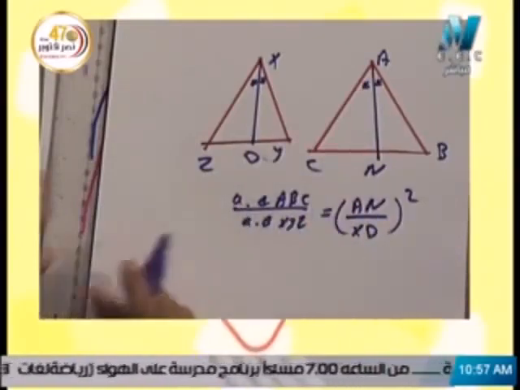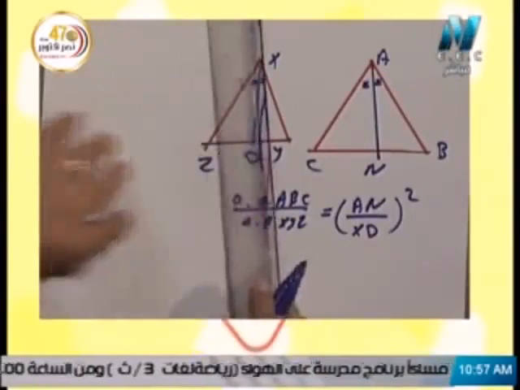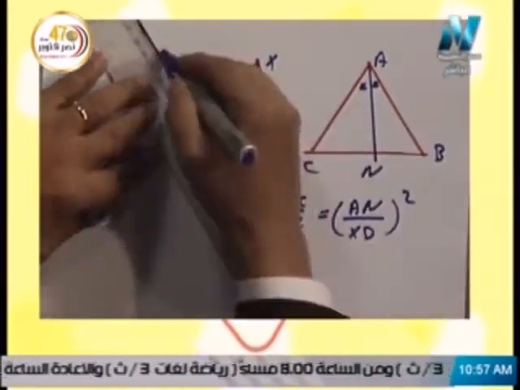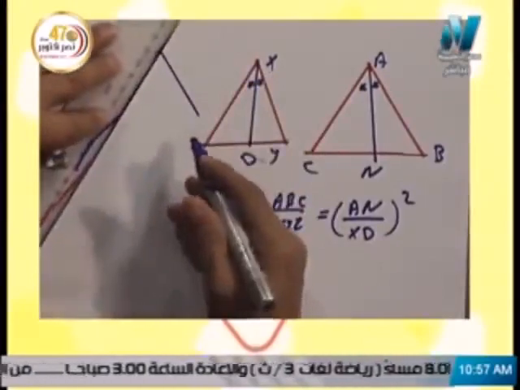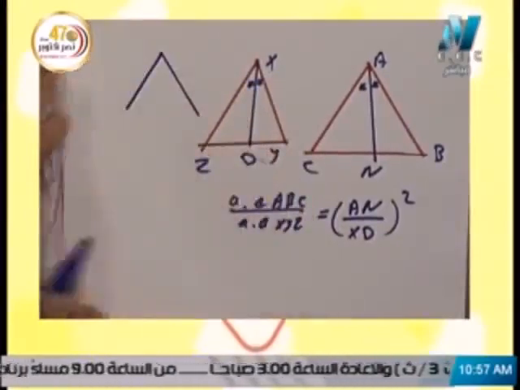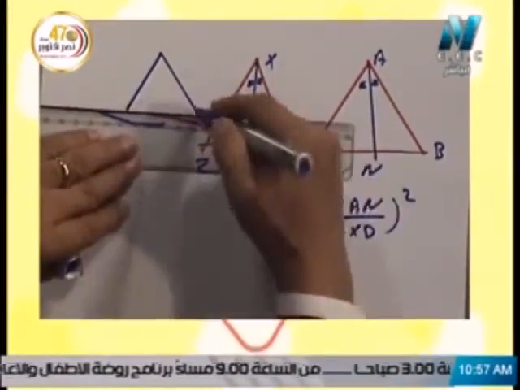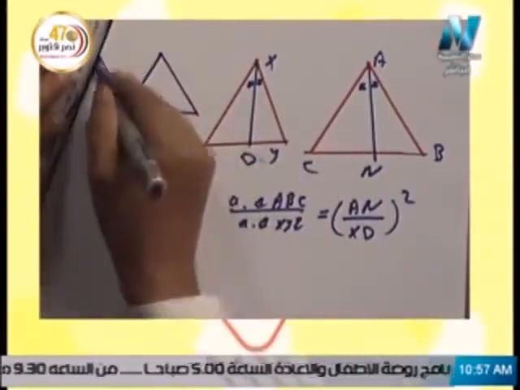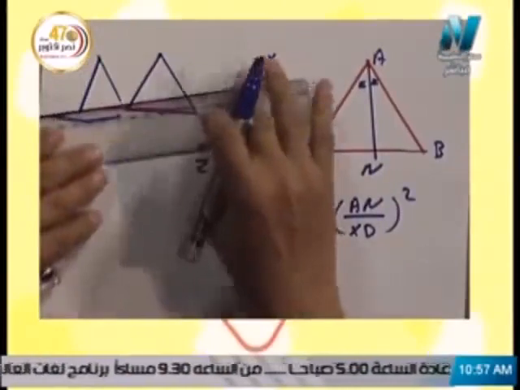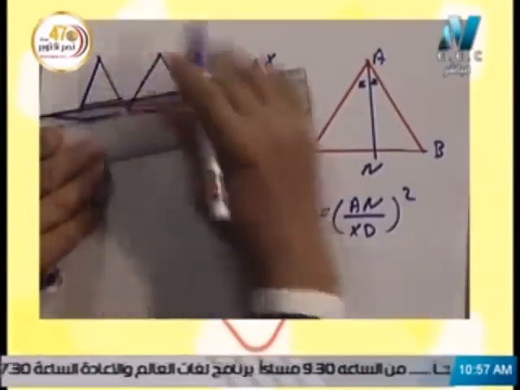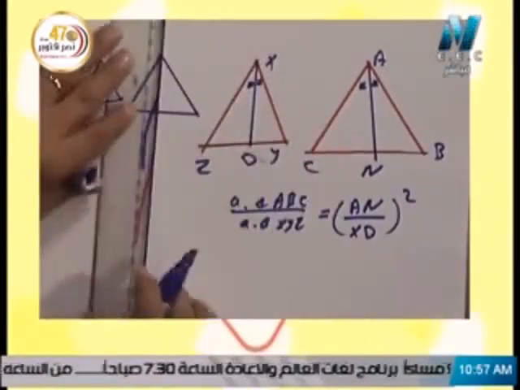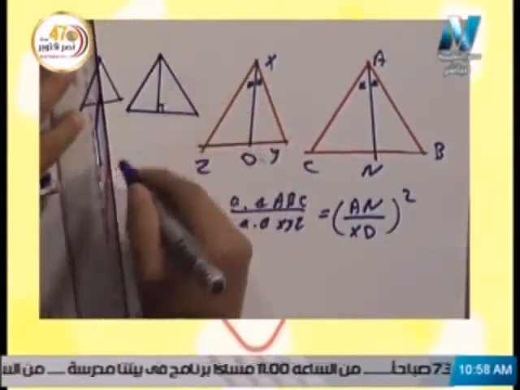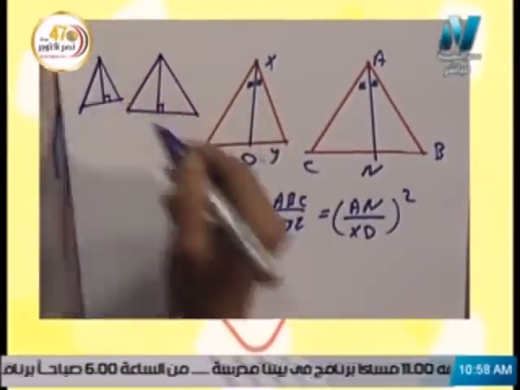Also, if we have two triangles like that, and we have this perpendicular line segment and this perpendicular one also.